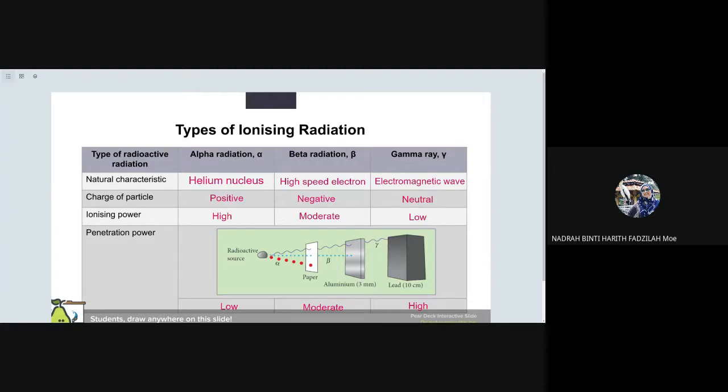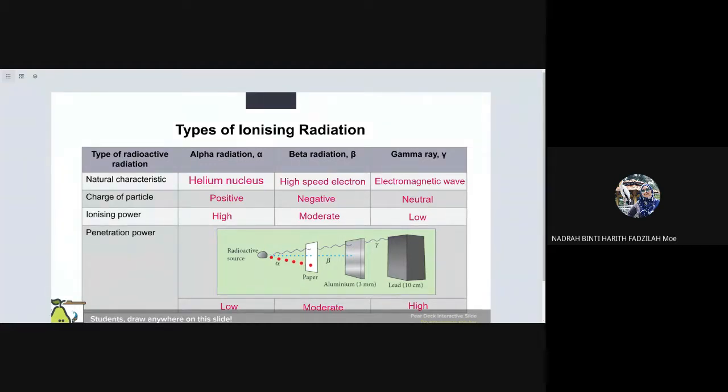It is an electromagnetic wave that is released together with alpha or beta radiation. As mentioned in the video just now, it is used to release excess energy due to the formation of alpha and beta radiation. So since it is neutral in nature, the ionizing power is low.